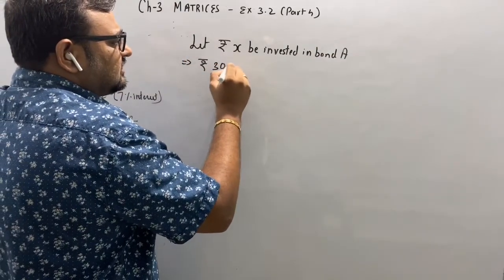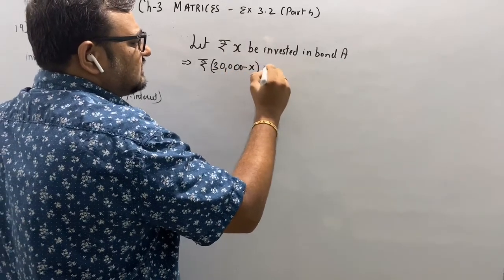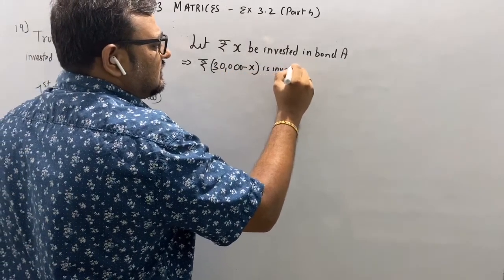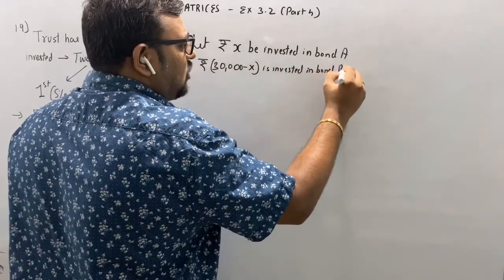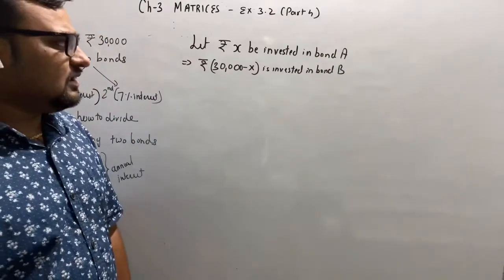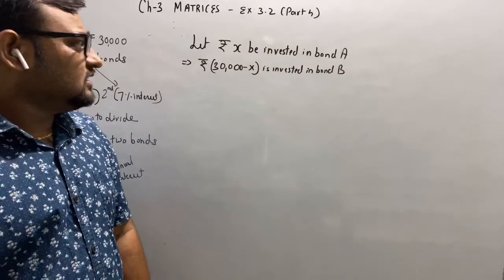Rupees 30,000 minus X is invested in bond B. Clear? So these are rupees X in A and 30,000 minus X in B.